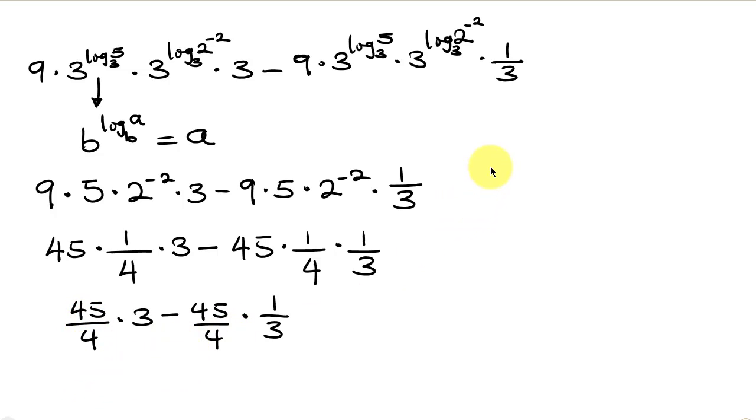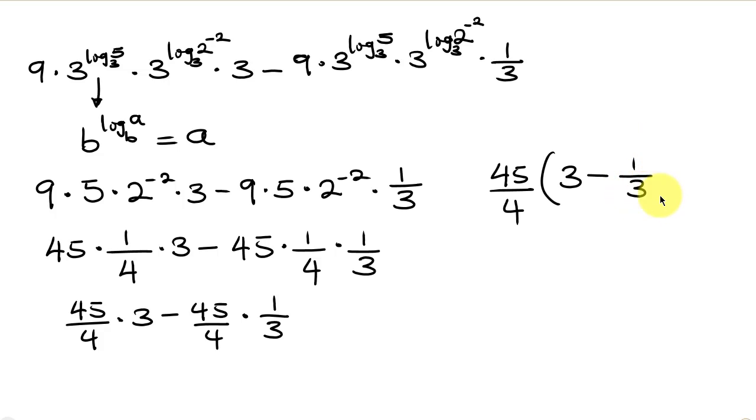So factor out 45 over 4. Now open brackets. 45 over 4 times 3 divided by 45 over 4, we have 3 minus 45 over 4 times 1 over 3 divided by 45 over 4, we have 1 over 3. So 1 all over 3.